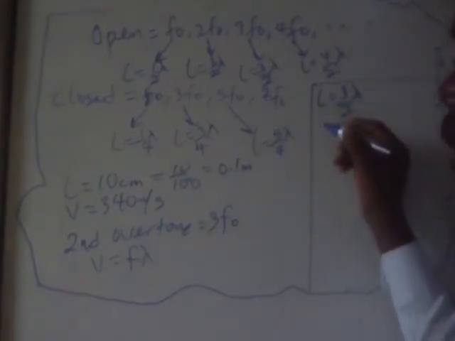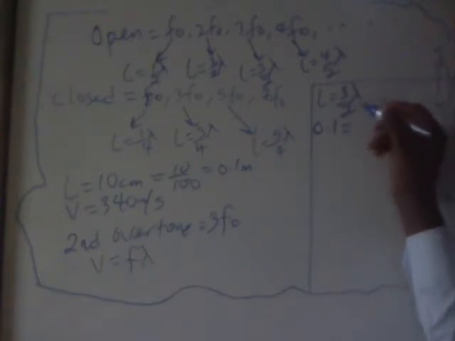What's our L? 0.1. Then 3 over 2 is 1.5. So we have our wavelength.